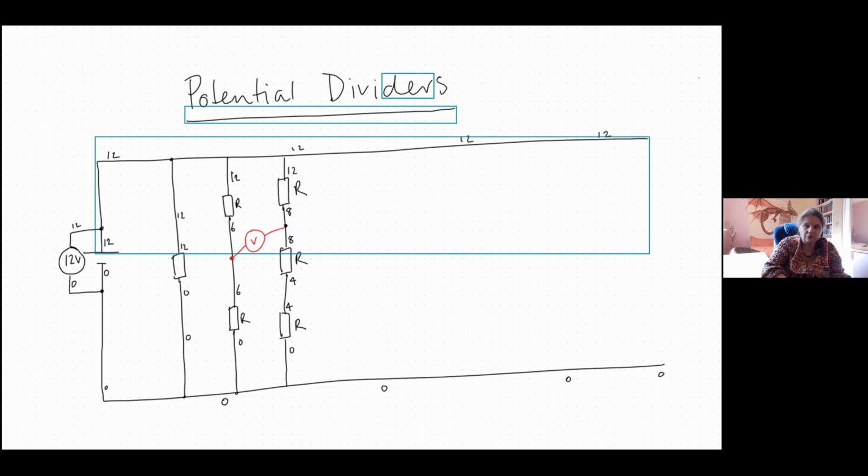Yes, Muboni, it is. Can you see that this end is sitting at 6 volts and this end is sitting at 8? Because this end is connected to the 6 volts and this end is connected to the 8. So what we've got there is a potential difference, because that's what voltmeters measure, 8 minus 6, which is 2 volts.